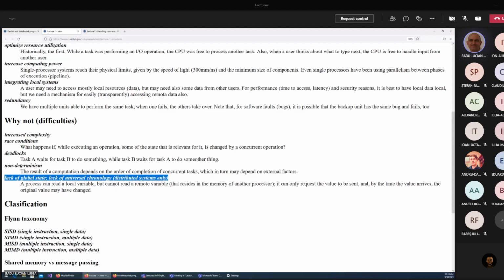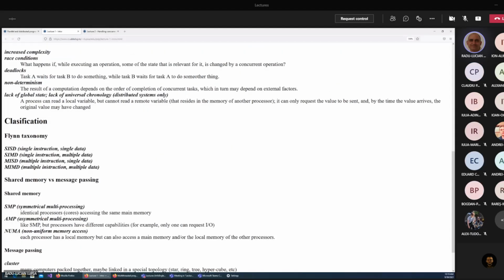So a single CPU is single instruction, single data. A classical multi-core CPU is multiple instruction, multiple data, because each of the cores has a flow of instructions and has an arithmetic unit that processes the data.